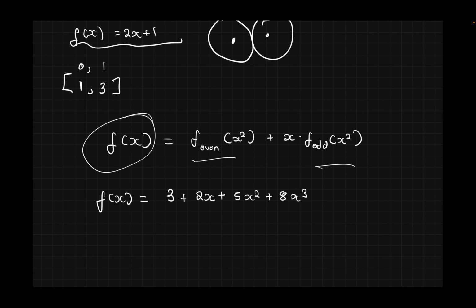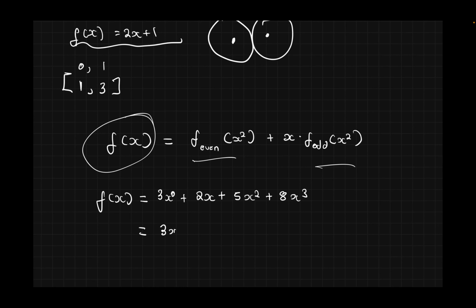We collect all the even powers. Take 3 as x raised to the power of 0, so 3x raised to the power of 0 and 5x raised to the power of 2 go together.